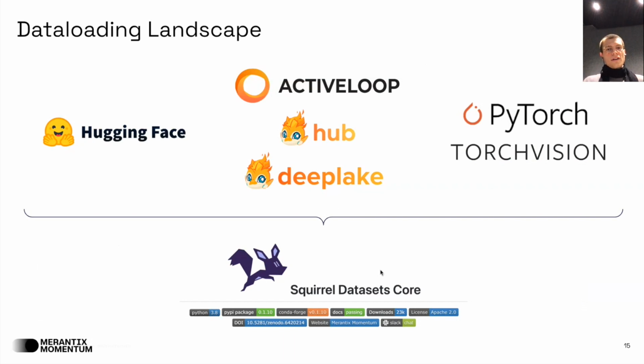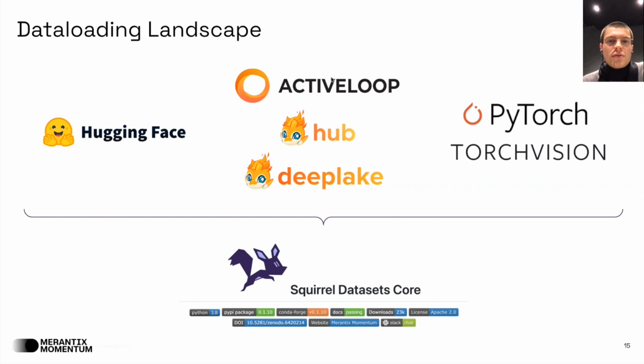And another great thing I want to share with you with regards to the drivers is that we are integrating several data loading platforms out there and unifying them underneath the IterStream API. The three main platforms that we speak about here are Hugging Face, Activeloop, and PyTorch TorchVision.